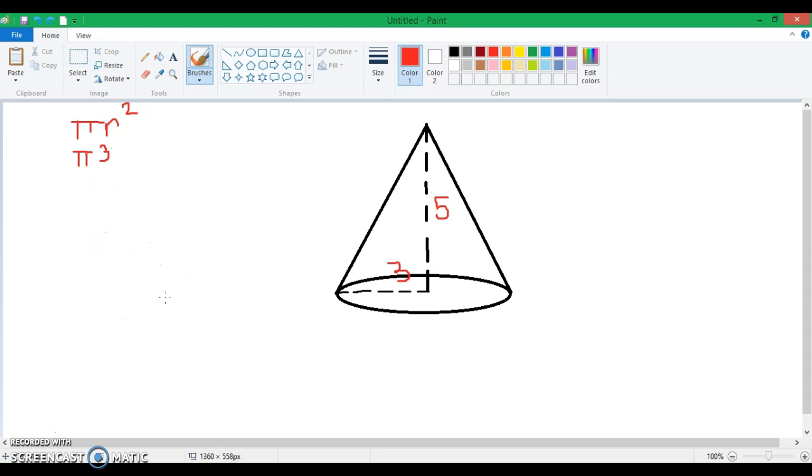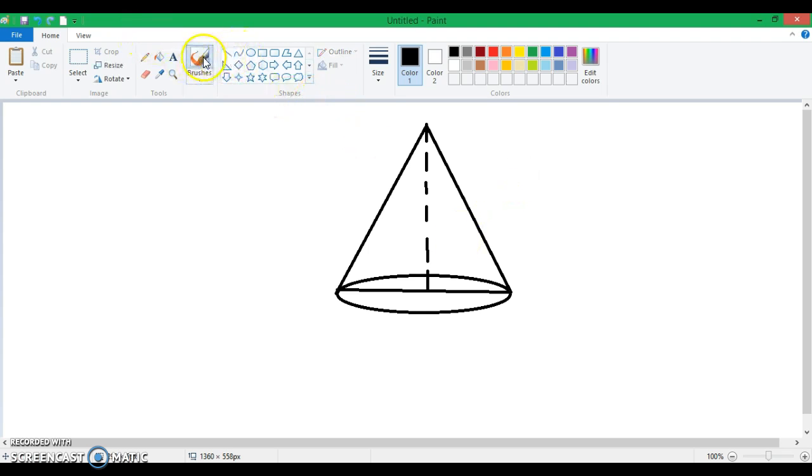Alright. So let's say that we don't know the radius, but we do know the diameter.